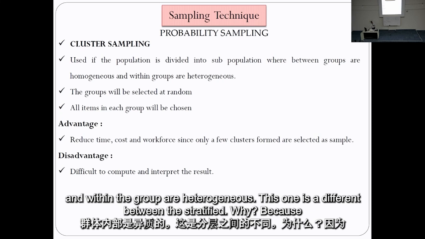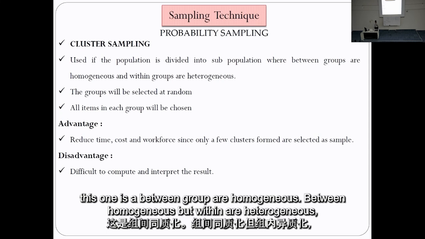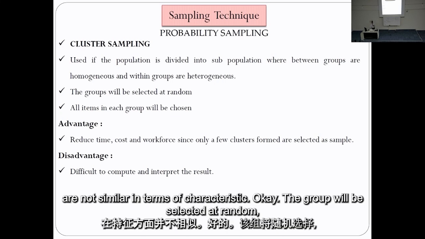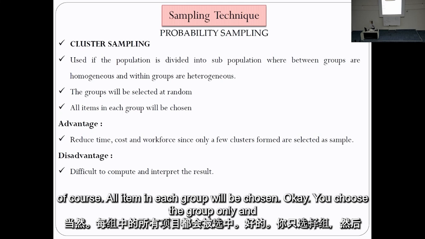This is a difference from stratified. Between groups are homogeneous but within groups are heterogeneous, not similar in terms of characteristics. The groups will be selected at random, of course.